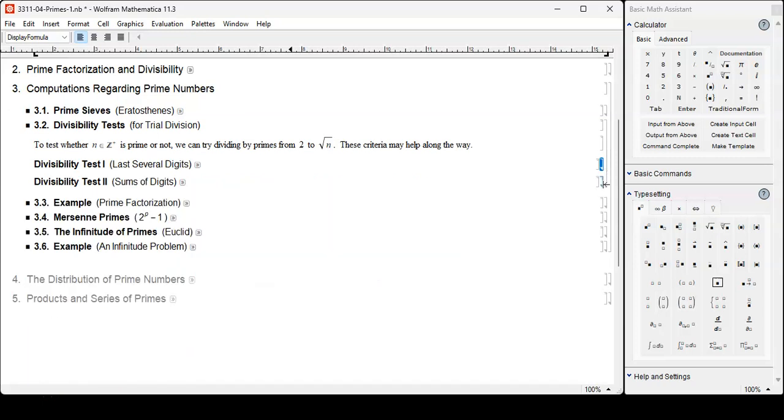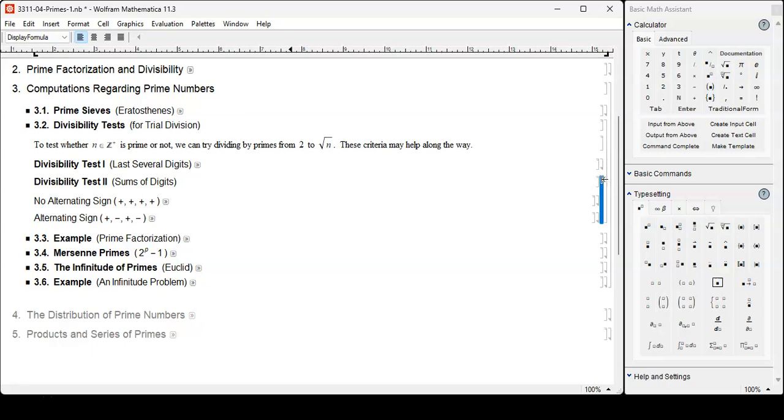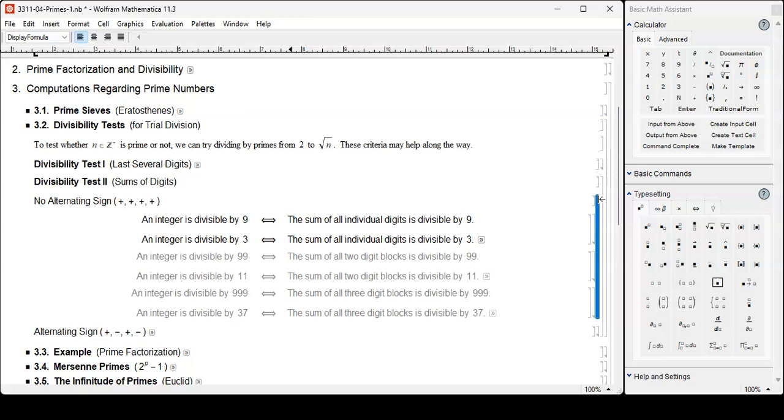Next, the second type of divisibility test, and this time let's look at sums of digits. The first one here is something everybody may already know, or do you? Most students knew about this already, so I assume this is familiar to you.